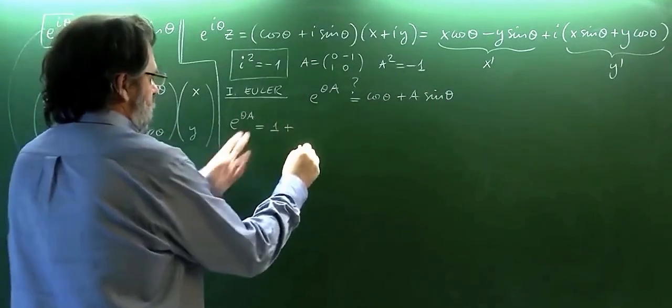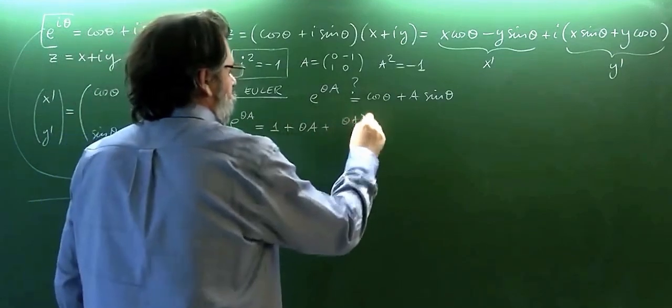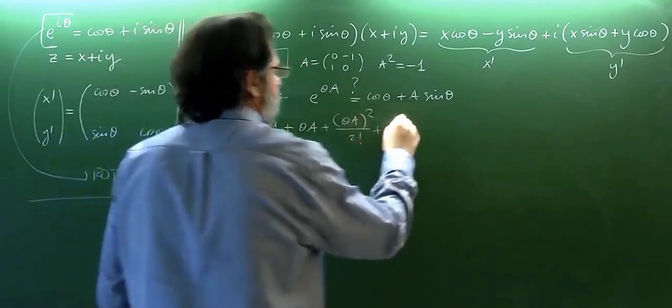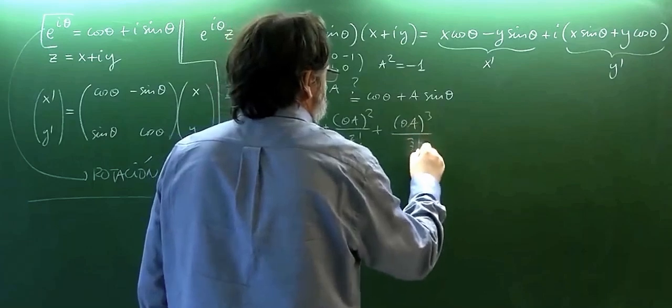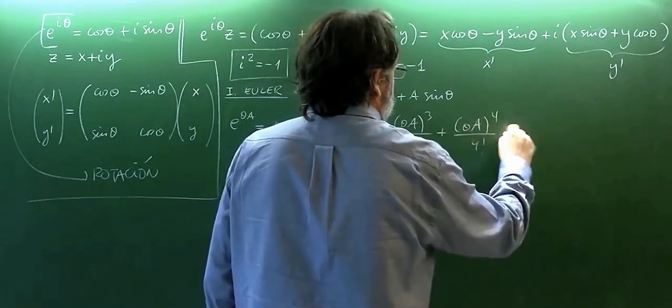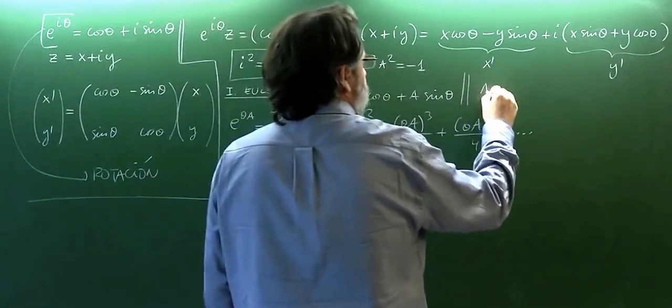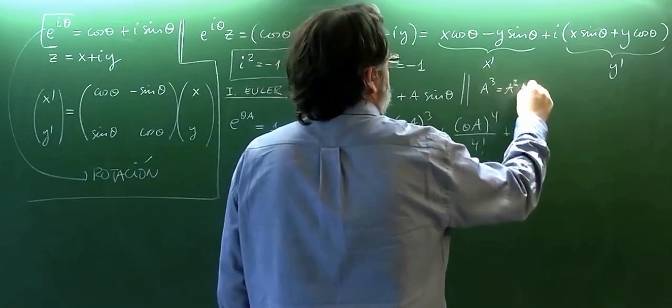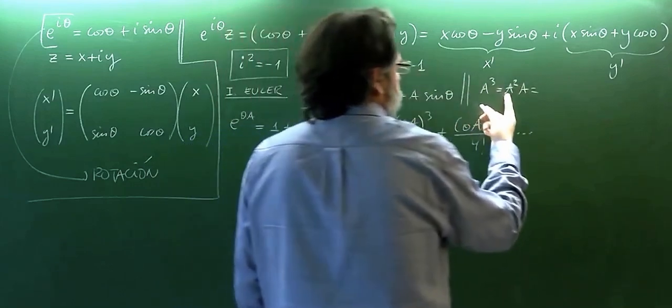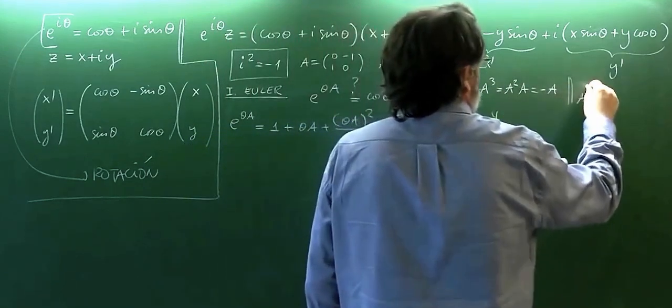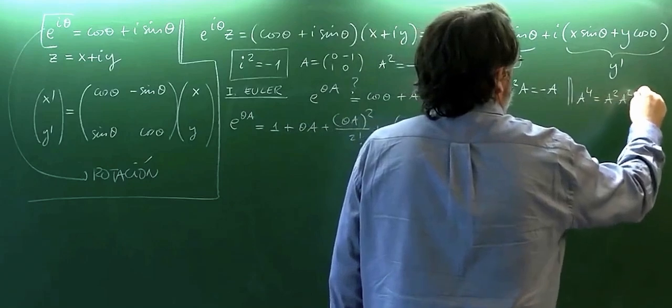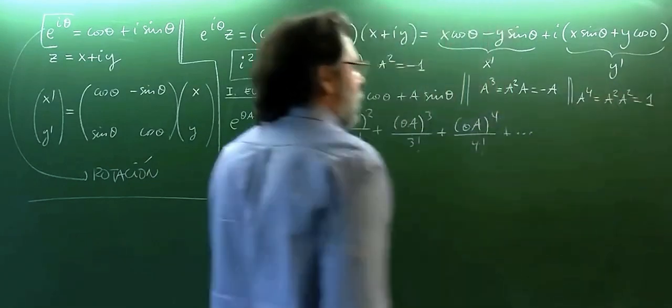Well, you know that the exponential of whatever is here can be written as 1 plus this, plus this squared divided by 2 factorial, plus this cubed over 3 factorial, and so on to infinity. So, of course, if A squared is minus 1, it means that A cubed, which is A squared times A, is minus A, or for example that A to the power of 4 will be A squared times A squared, which is 1, and so on.